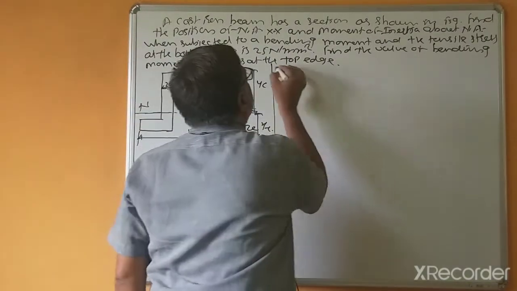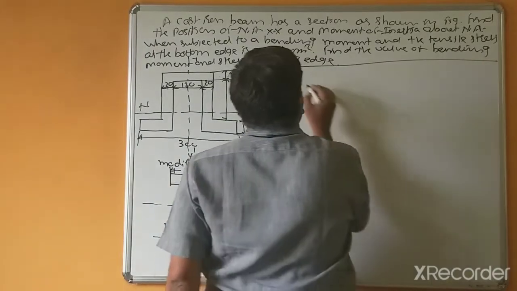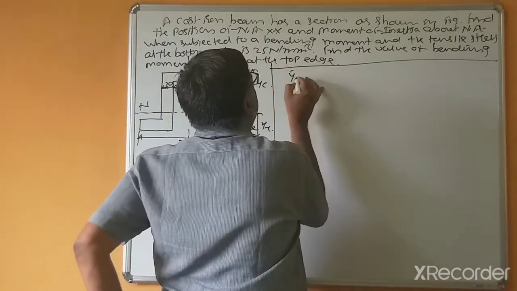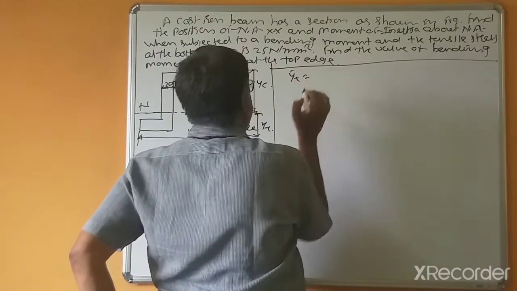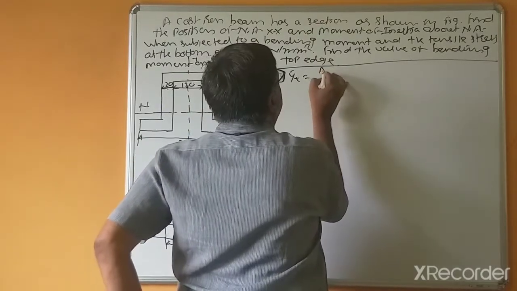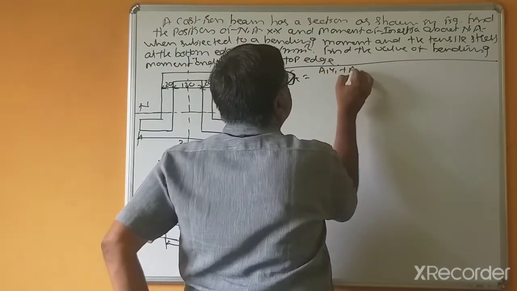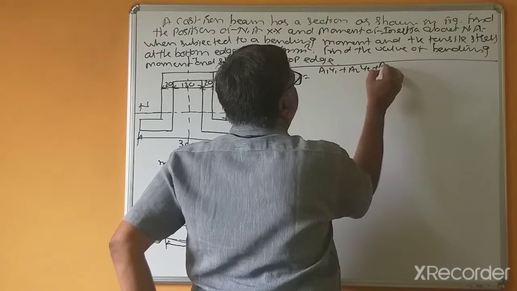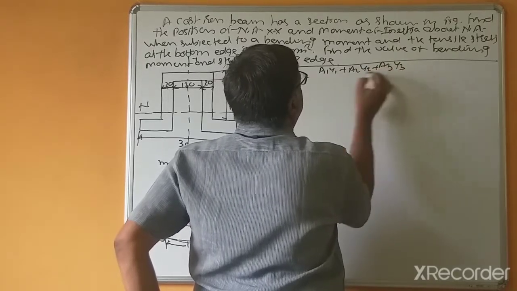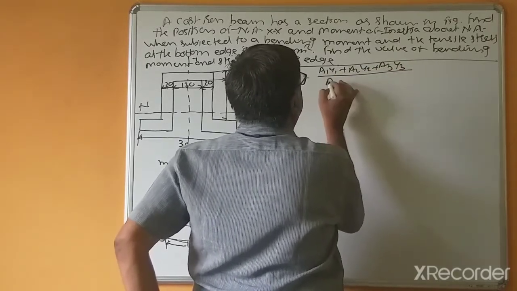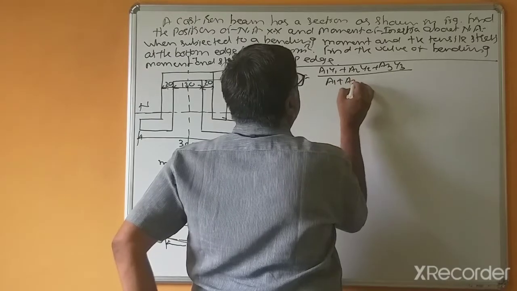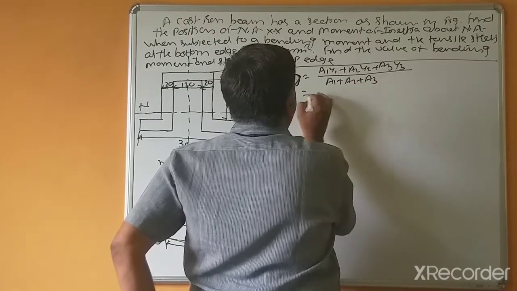So first we will calculate YT bar equal to (A1 Y1 plus A2 Y2 plus A3 Y3) divided by (A1 plus A2 plus A3).